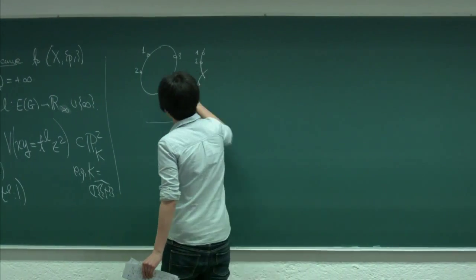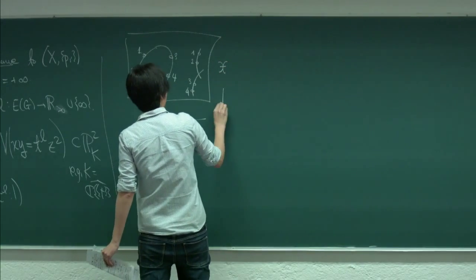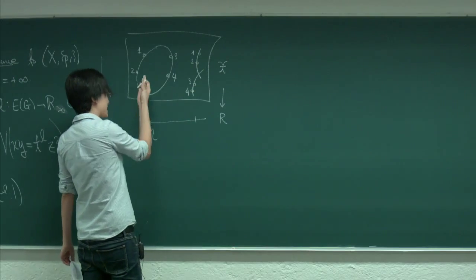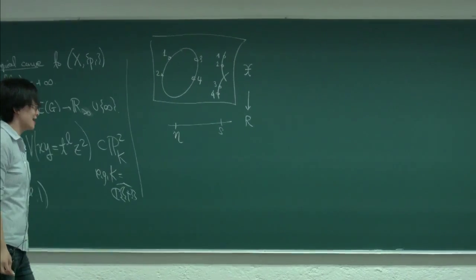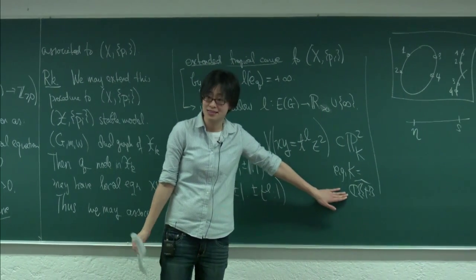So here is my picture of my stable model, x over r, where the generic fiber is isomorphic to x, and the special fiber over S is a stable curve over the algebraically closed residue field C.